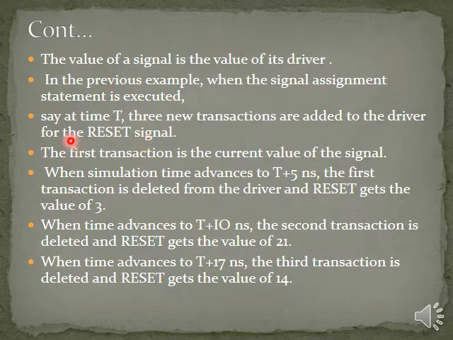So first, at a time t, new transactions are added to the driver for the reset signal. The first transaction is the current value of the signal, at now. And when the simulation advances to t plus 5 nanoseconds, the first transaction is deleted from the driver and reset, which is the signal value, gets the value of 3.